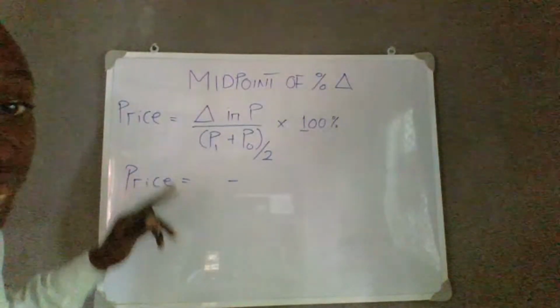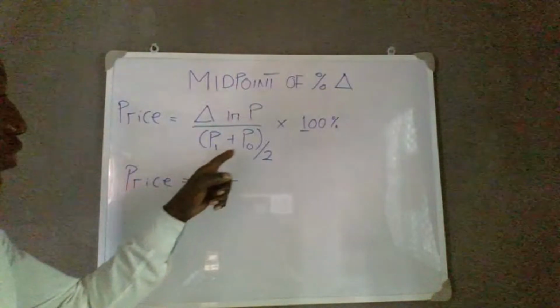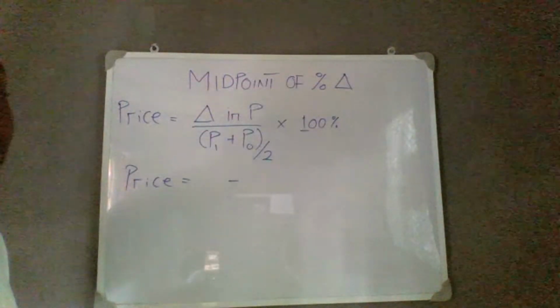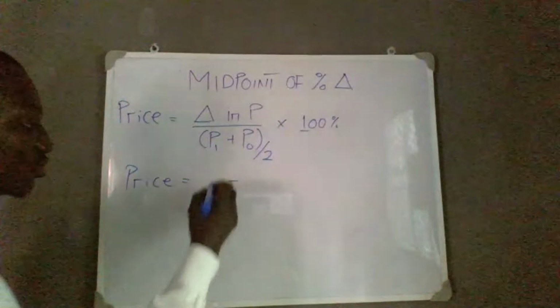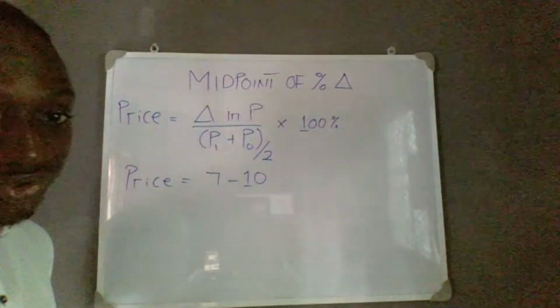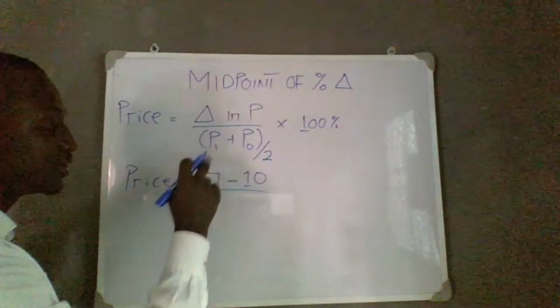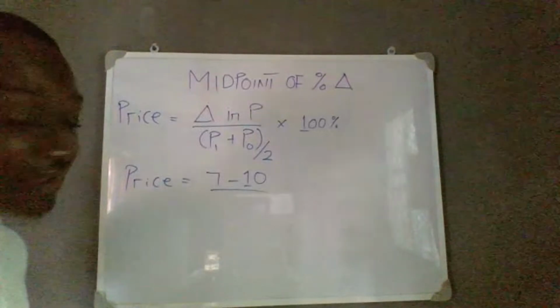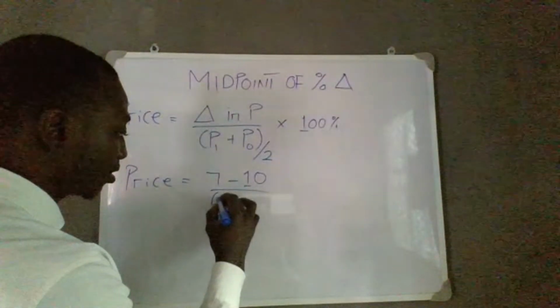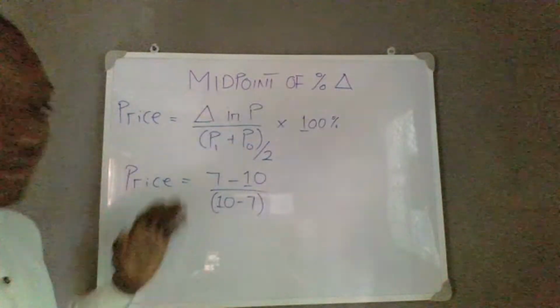So we then say change in price over P1 plus P0. And we realized in our last class that the change in price was 7 to 10 naira. That was the change in price. And we have our P1, the new price, as 7 naira, and the old price as 10 naira.